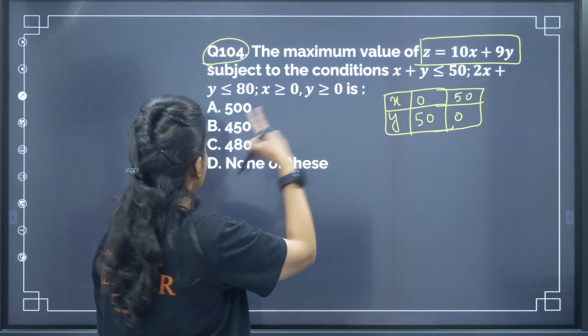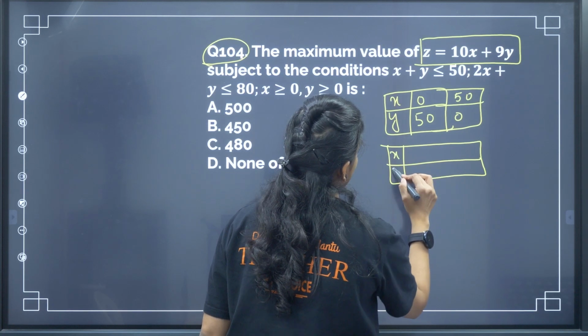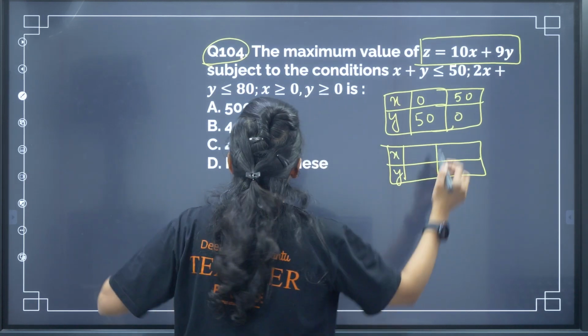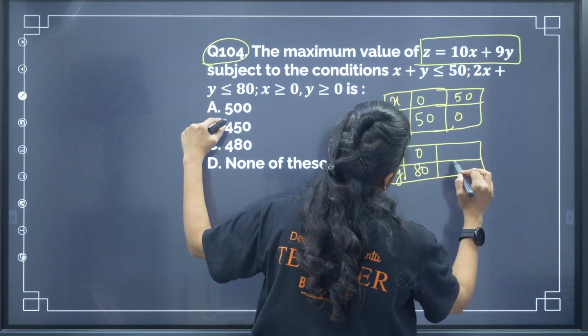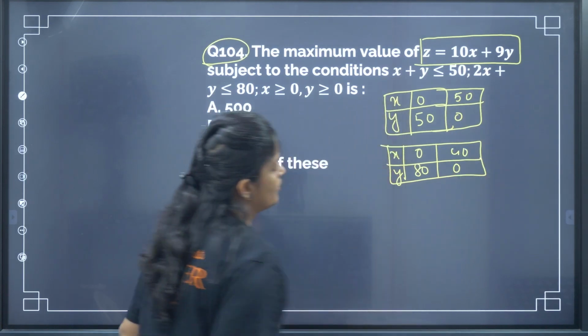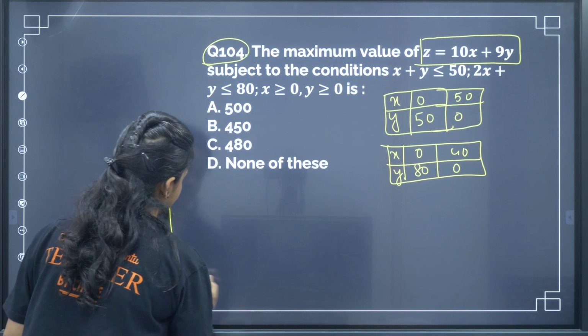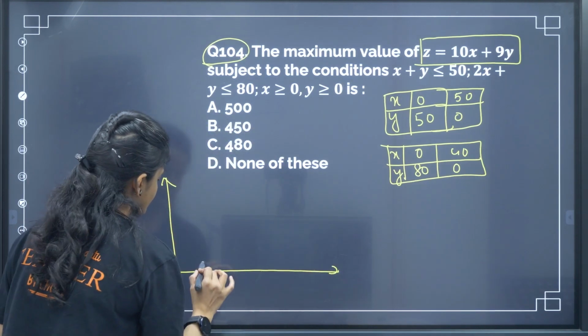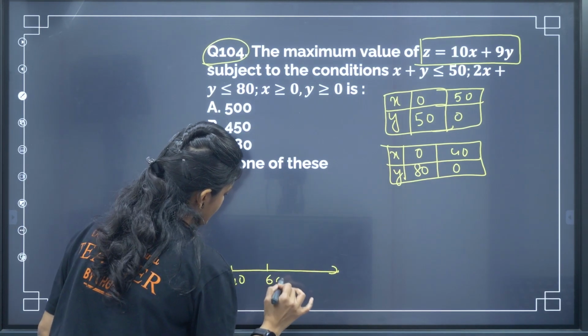The other box is for the second equation. Quickly you can do this, no harm. Okay. X is 0, y is 80, y is 0, x is 40. So one will get an idea of how the graph is going to look. 20, 40, 60, 80.